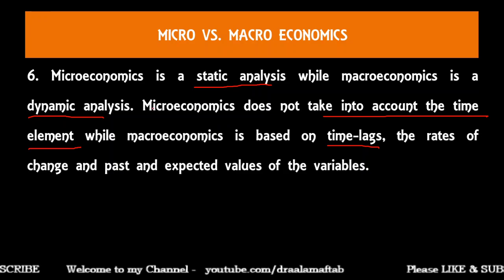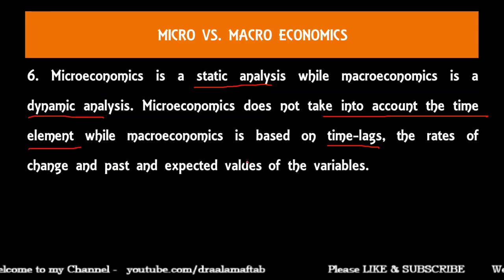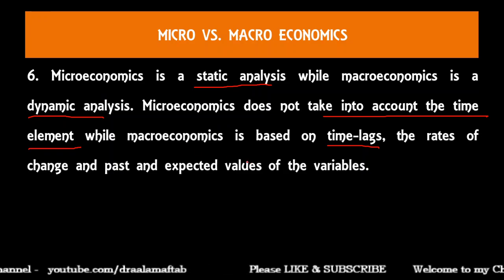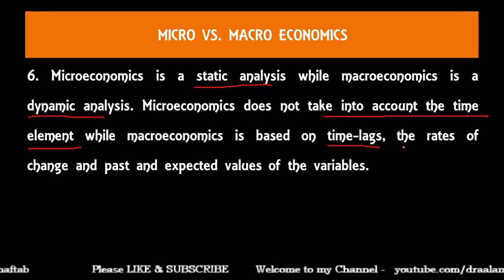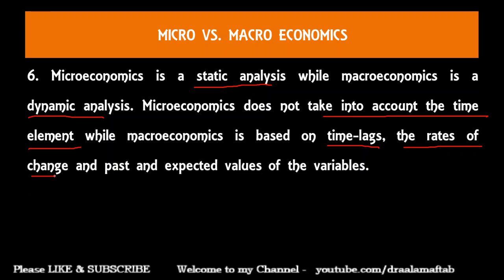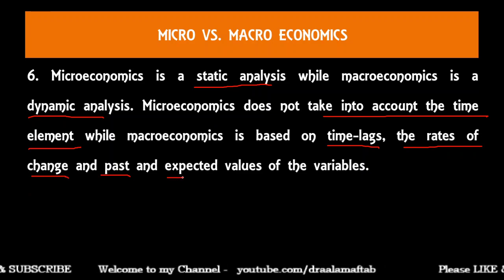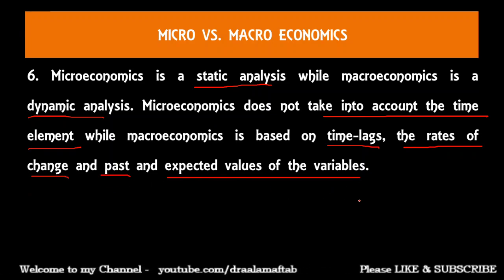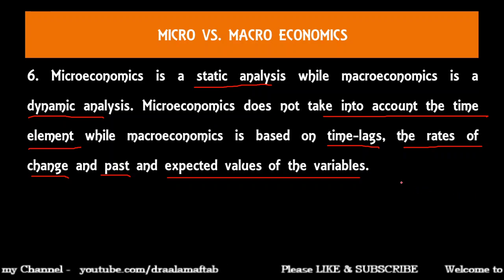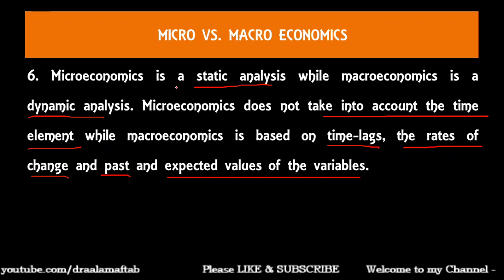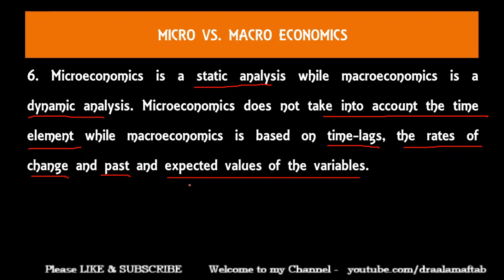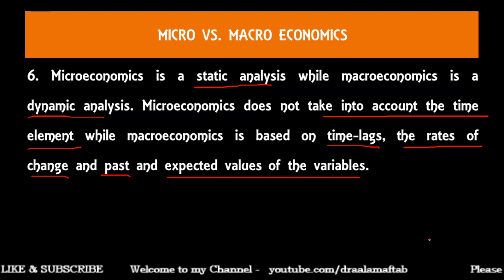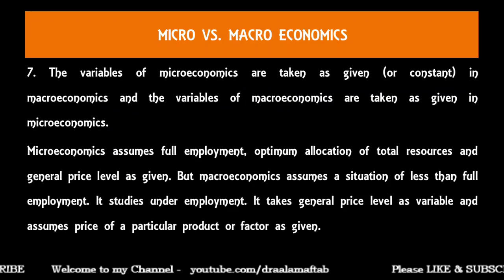Whereas in microeconomics, we consider the static values, static variables. In macroeconomics, we consider the rates of change, the past values and expected values of the variables, and try to predict and forecast. So this way microeconomics is static, whereas macroeconomics is dynamic. This is the sixth difference between micro and macro.